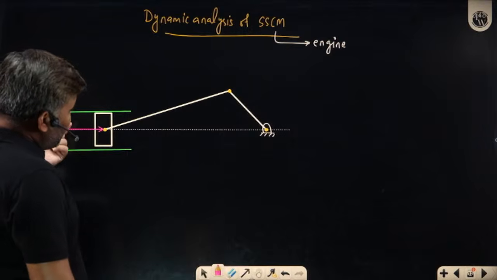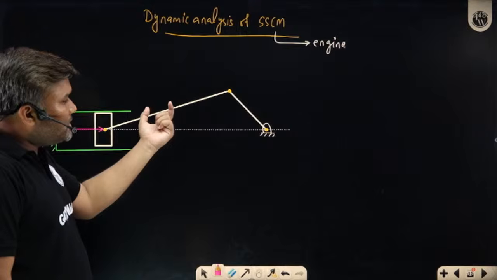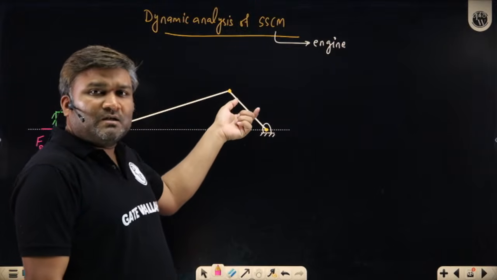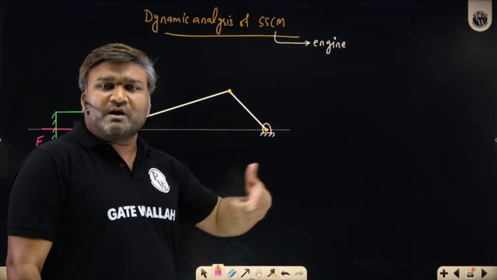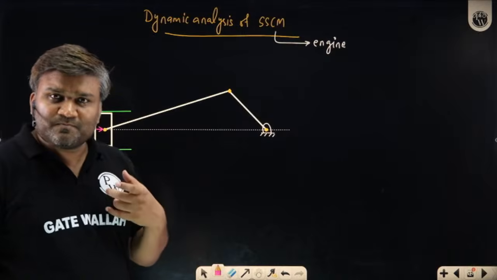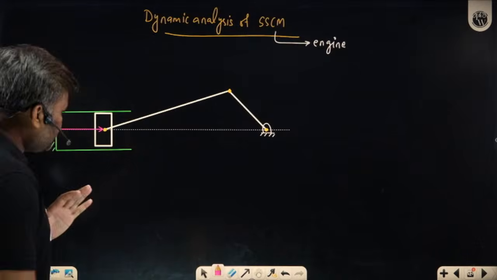Because of this force acting on the piston, there will be some force developed on the connecting rod, and that force will be transferred to the crank. It will rotate the crank, and the crankshaft rotates. That is transferred to the wheels. That's how an IC engine, any engine, works.